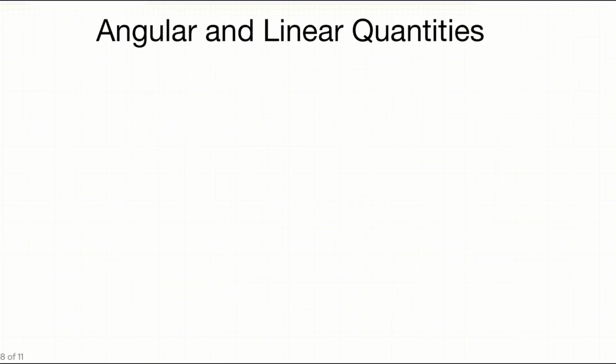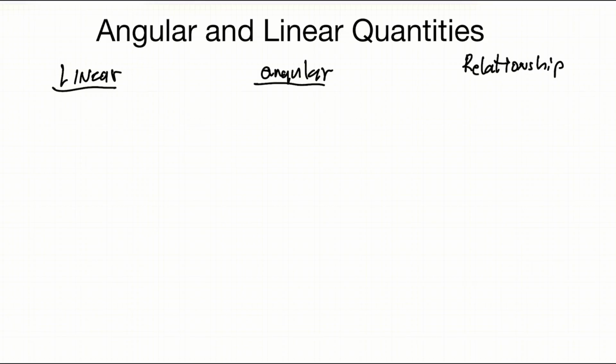Now let's look at the difference between angular and linear measurements. So in linear, that's like the car moving forward. Then we've got angular, and then we'll look at the relationship. Try to tie these two together. They're closely related.